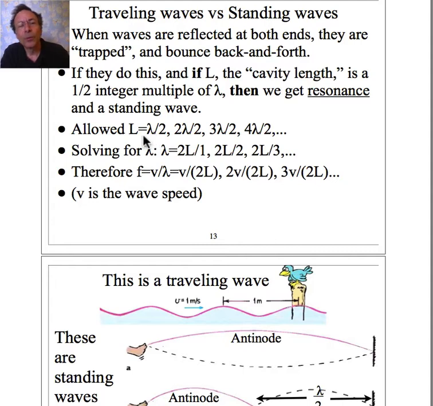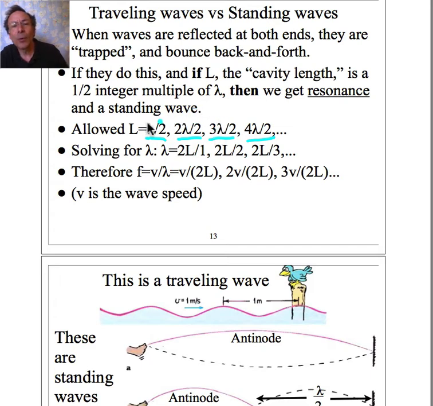One way of looking at the rules is that you will get resonance if the cavity length is equal to half of a wavelength, or 2 halves of a wavelength, or 3 halves, or 4 halves.